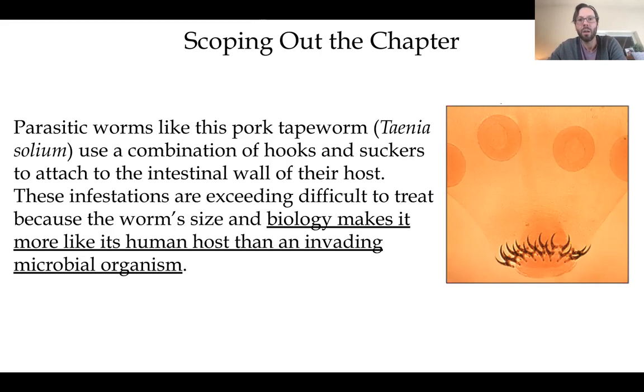Now we're talking about pathogens that have the same types of cells as we do. So if you have a parasite that has very similar biology to the host, then when you try to interrogate those biological processes in that parasite, you can have downstream effects of also interrogating the host's biological processes.